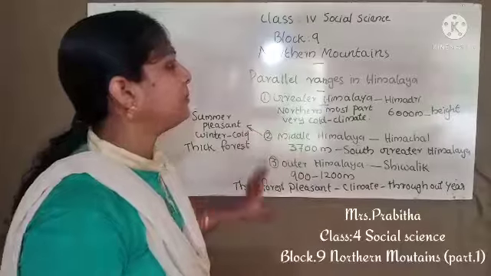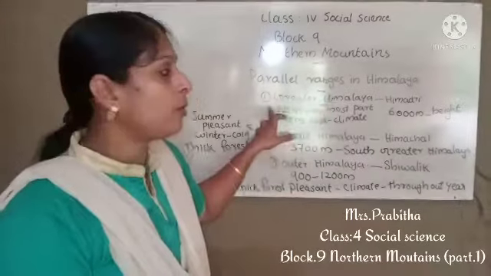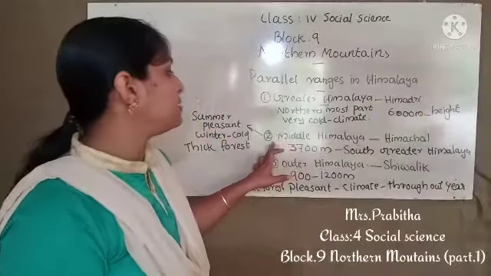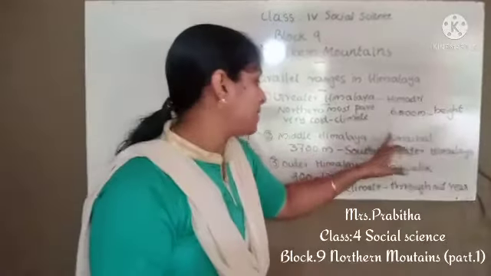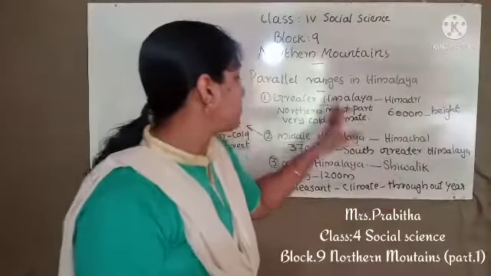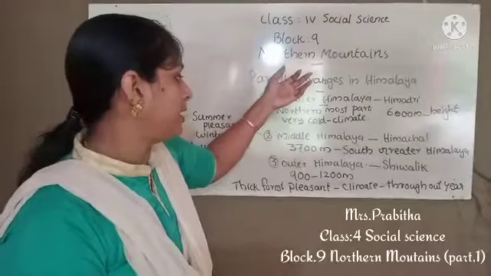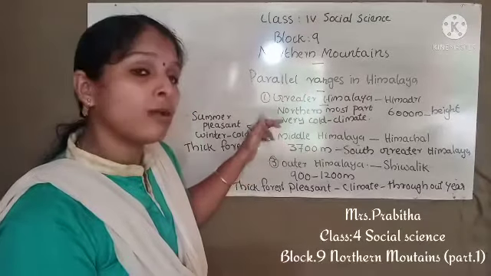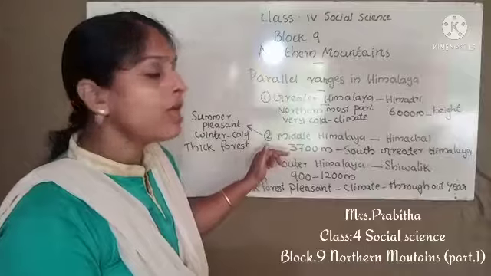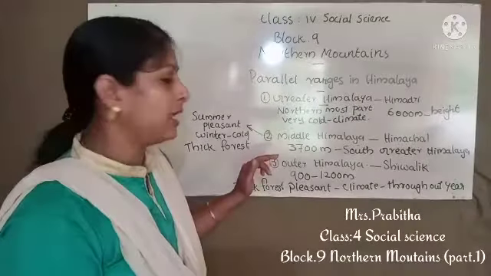So these are the three parallel ranges of Himalaya. First one is Greater Himalaya or Himadri. Second one is Middle Himalaya or Himachal. Third one is Outer Himalaya or Shivalik. Greater Himalaya is in the northernmost part of Himalaya. Middle Himalayas are in the south of Greater Himalaya, in between Greater Himalaya and Outer Himalaya.